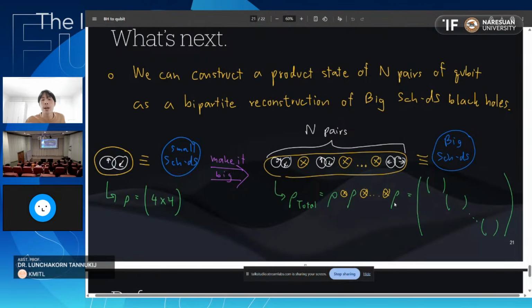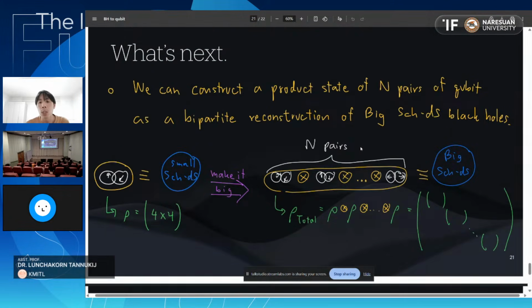generalization is very straightforward. It doesn't introduce any interaction between the pairs. We have interactions inside the pairs, but we don't have interaction across pairs.